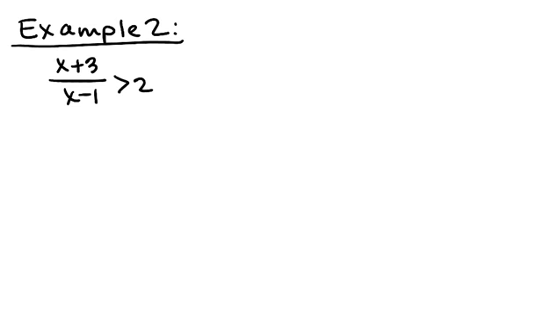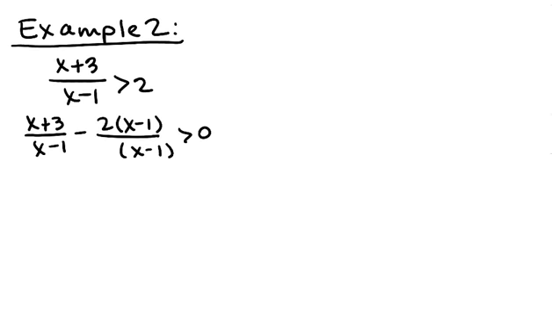So I've got x plus 3 over x minus 1, minus 2, needs to be greater than 0. But we need one fraction greater than 0. So I'm going to change this 2 and get a common denominator, multiplying by a clever form of 1.